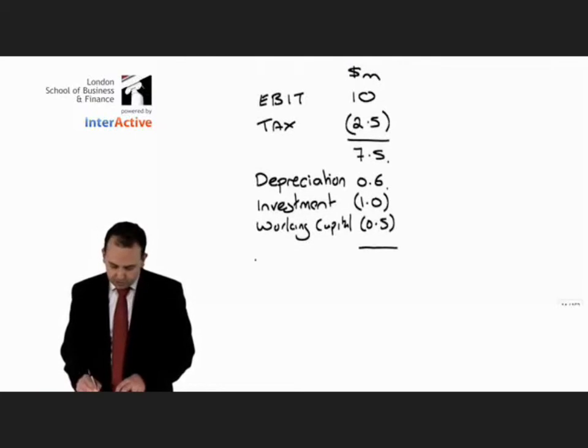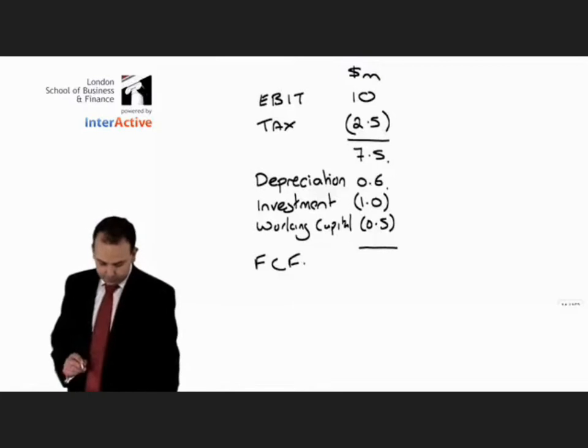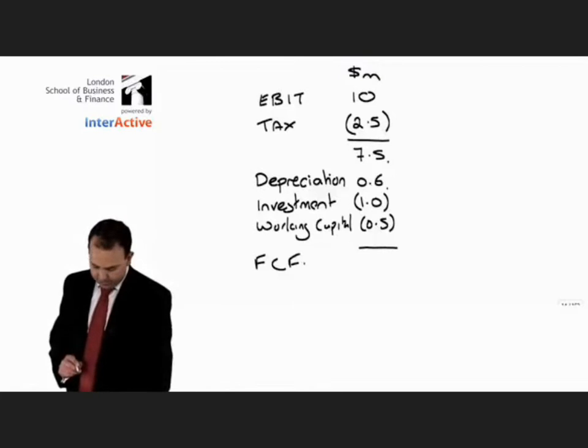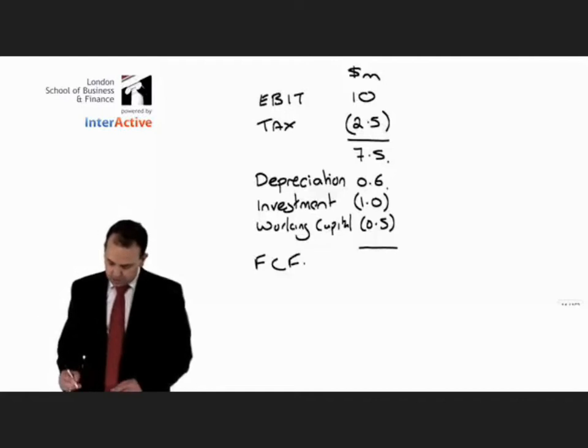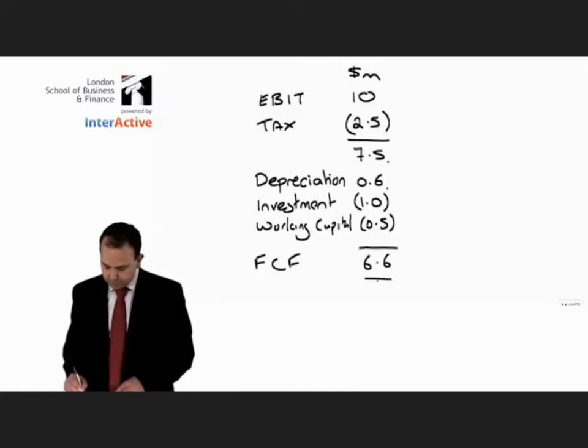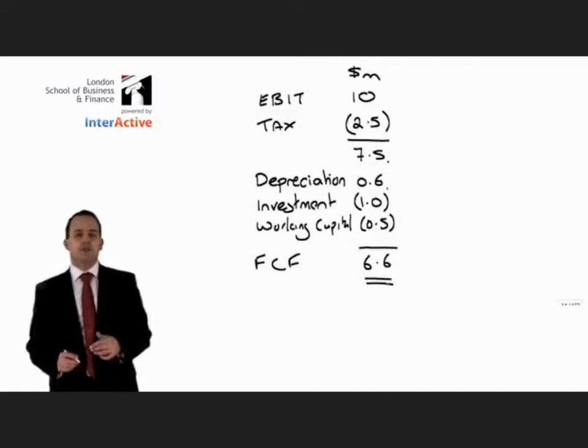If we then add all this up, this will give us our free cash flow: $7.5 million plus 0.6 less 1 million less 0.5, and we have free cash flow of 6.6 million.